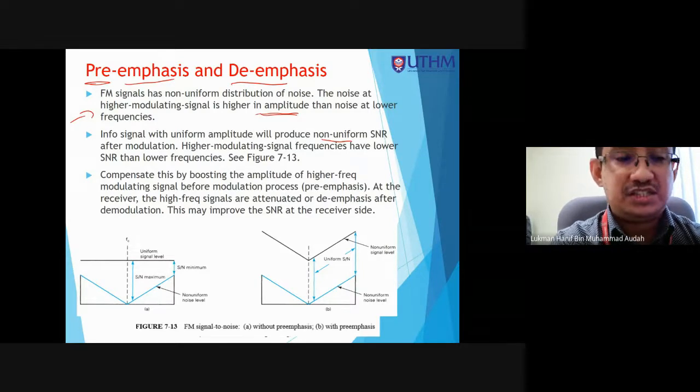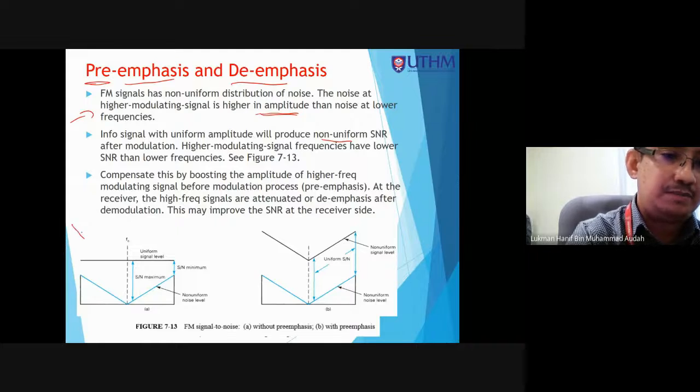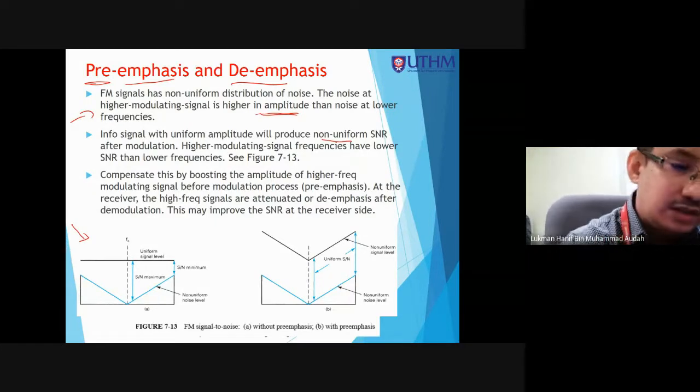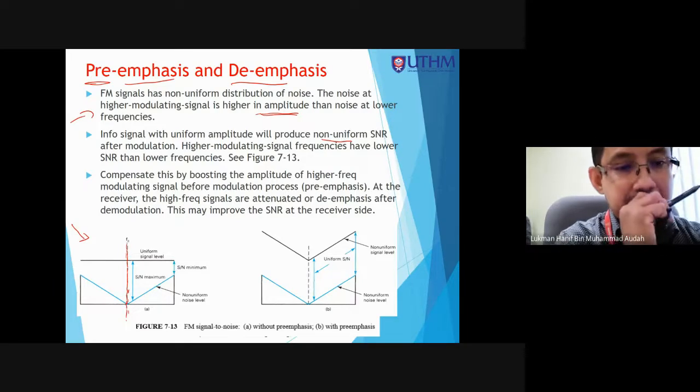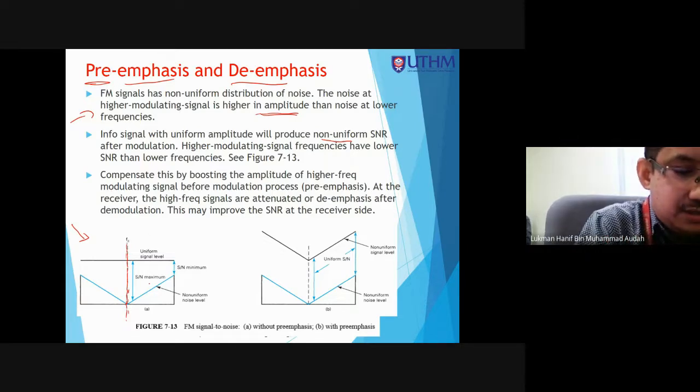So from this picture, katalah bahagian tengah ini merujuk kepada carrier center, center of the carrier, so this is FC. Bermakna di sini ada FC plus FM plus 2 FM plus 3 FM, 4 FM and so on.